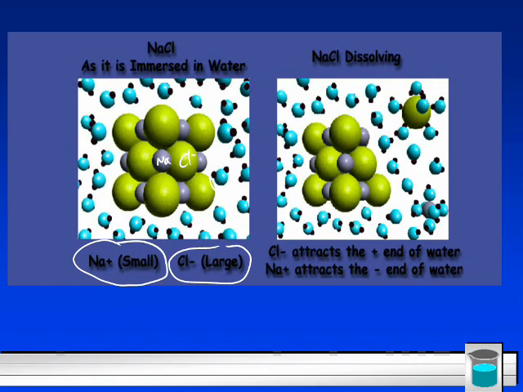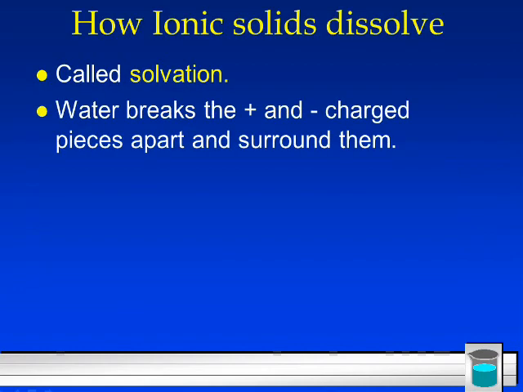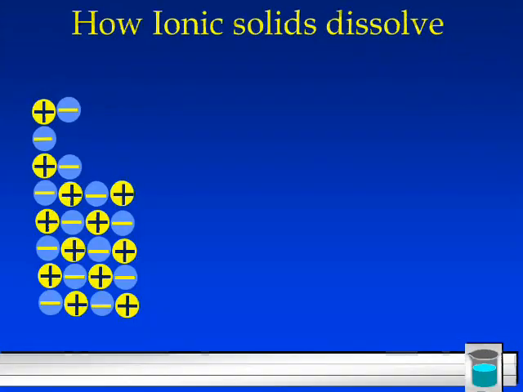The chlorine is attracted to the positive end of the water, and the sodium plus attracts to the negative end of the water, the oxygen, and here's the hydrogen. And they come and take it. I'm going to show you a pretty cool animation pretty soon. That's called solvation. Water breaks the plus and minus charge pieces apart, surrounds them and rips them across.